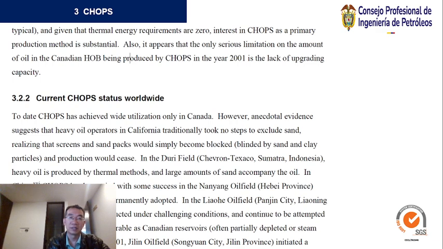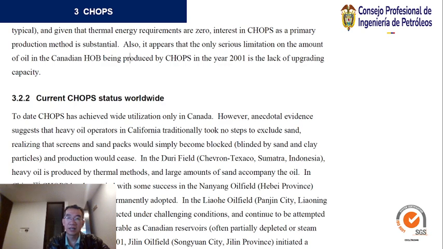Current CHOPS data worldwide. To date, CHOPS has achieved wide utilization only in Canada.